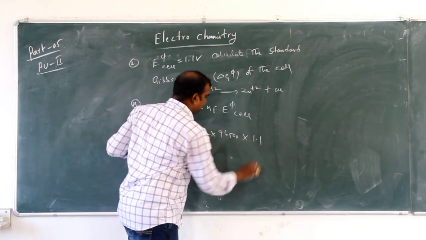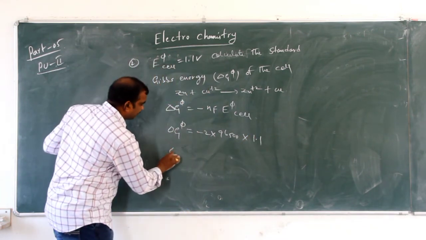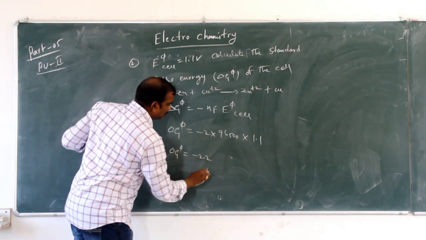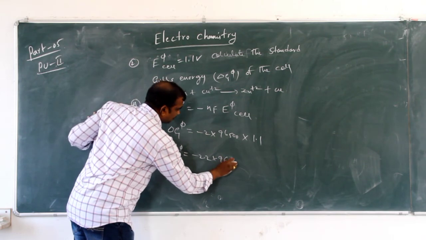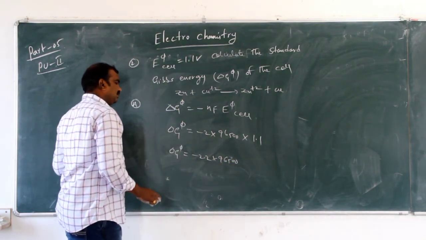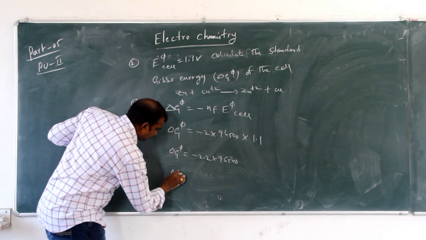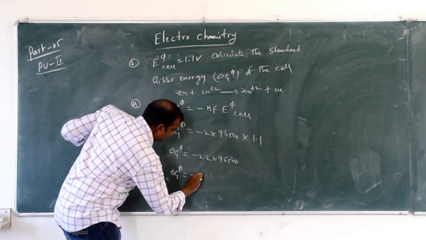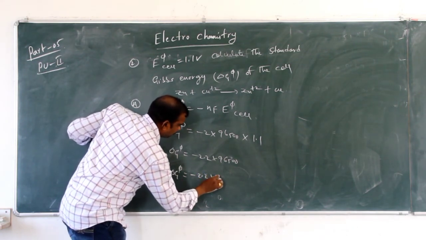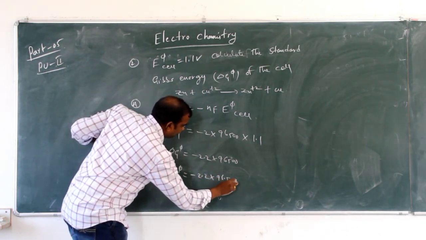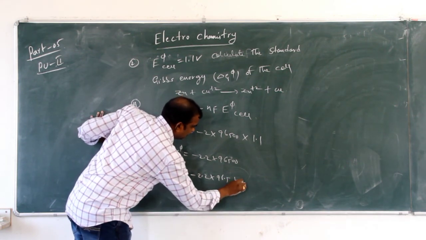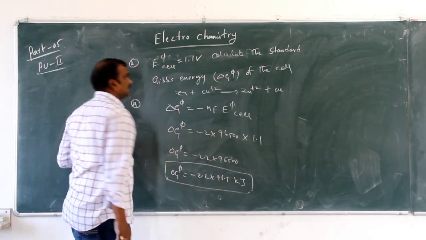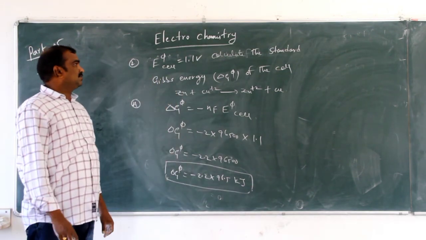So delta G0 is equal to minus 2 into 1.1, that is 2.2, into 96,500, which is minus 212.3 kilojoules. In this way you can calculate the problem.